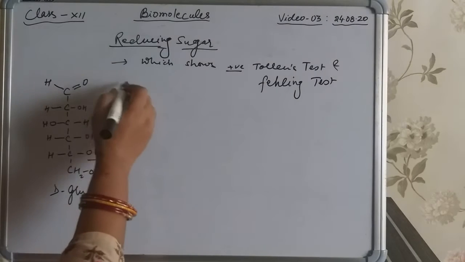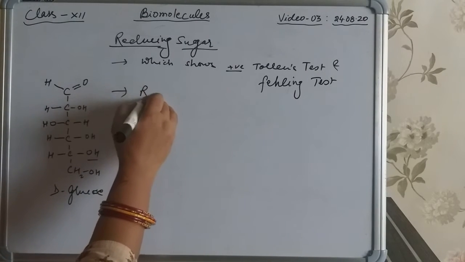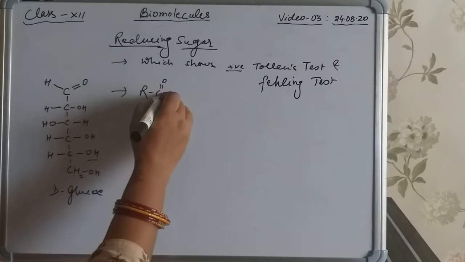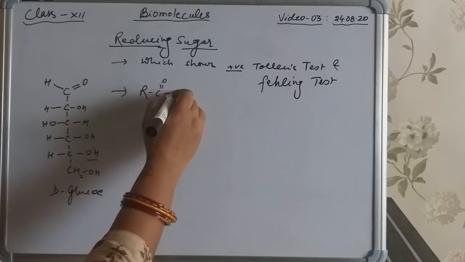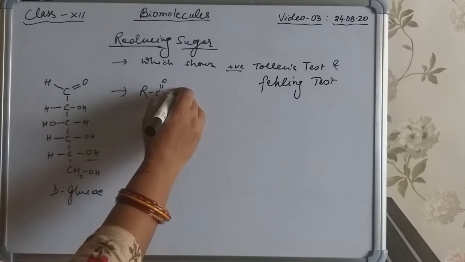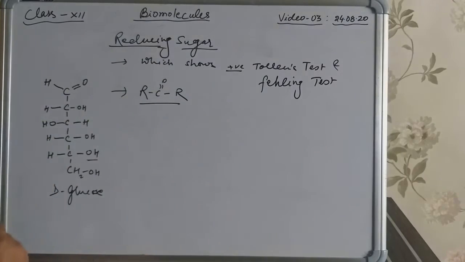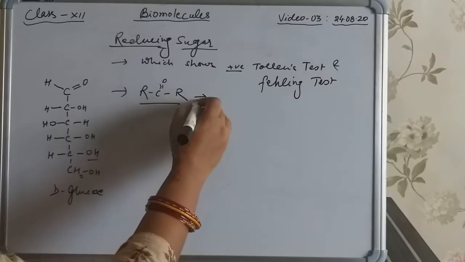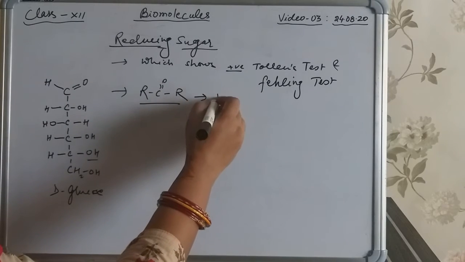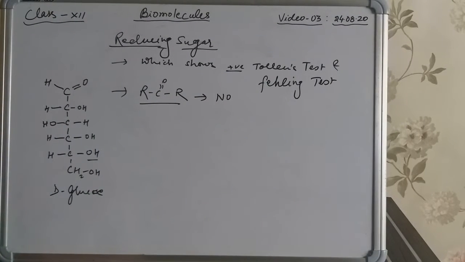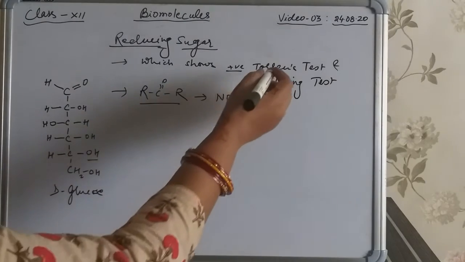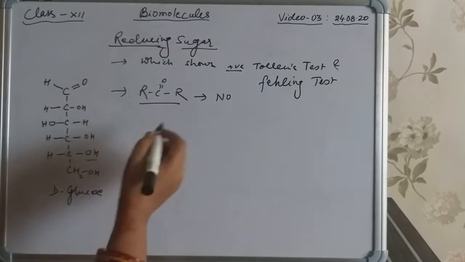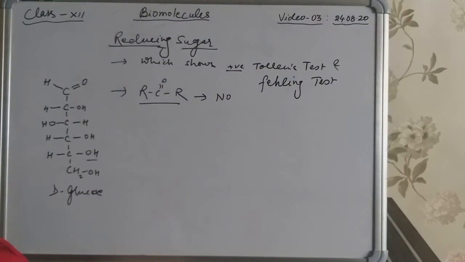Suppose this compound is present, with a ketone functional group. If we treat it with the Tollens test or Fehling test, the test is not given by the ketone compound. So the Tollens and Fehling tests distinguish whether a compound is an aldehyde or a ketone.